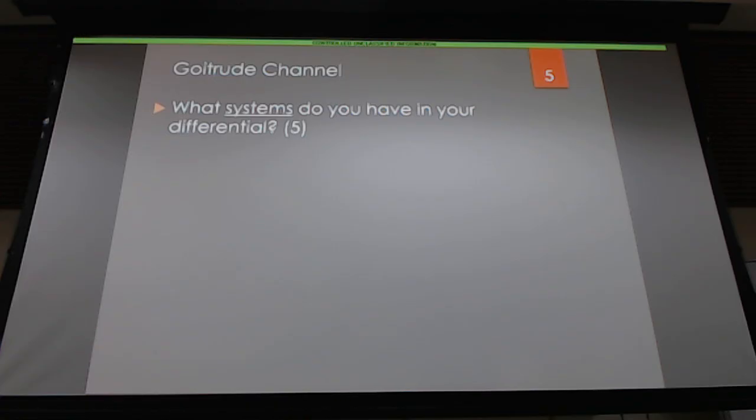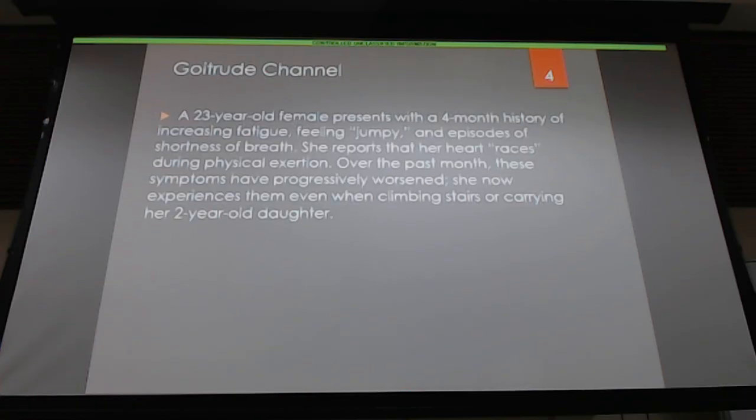What's another? Cards, yeah, as a group, what else? Neuro, yeah. Maybe shortness of breath can be heme a little bit. What about psych? Feeling jumpy? Yeah, maybe. Okay.